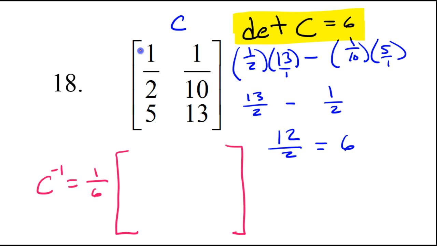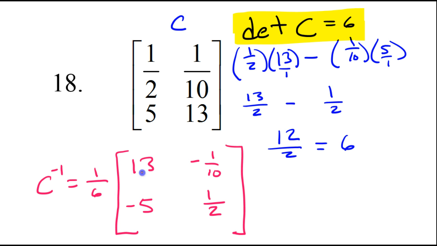When I say reverse, I'm talking about switching the down diagonal. So the 13 will go here and the 1/2 will go here. The negate part means these stay where they are, but the signs change. So this will be -5 and this will be -1/10. Reverse negate.